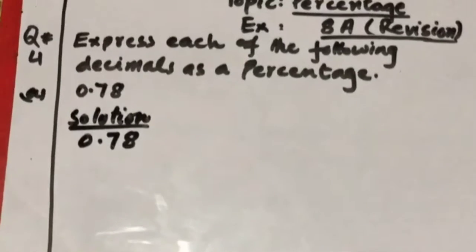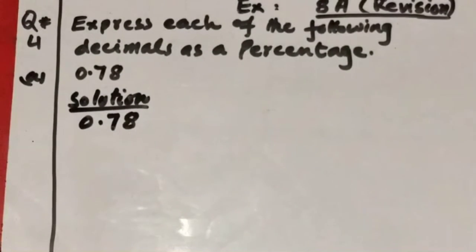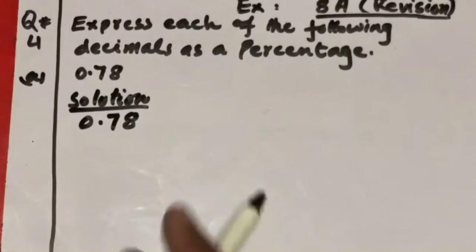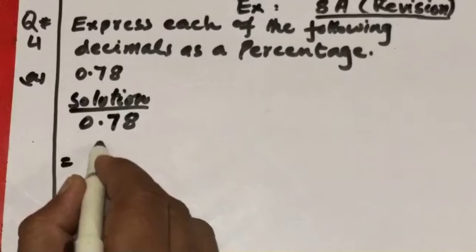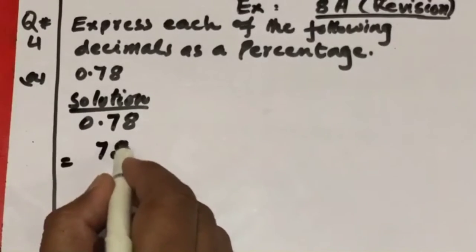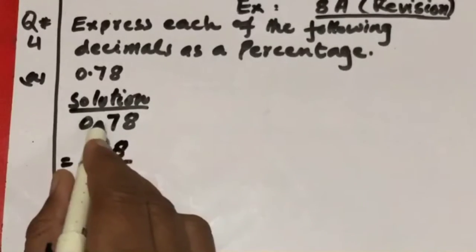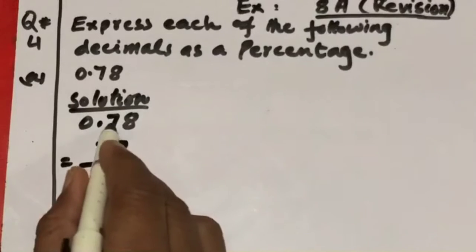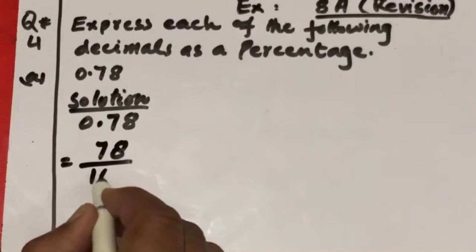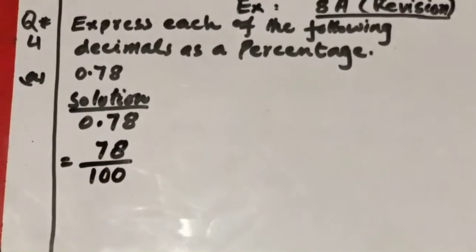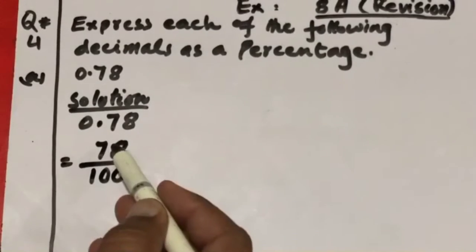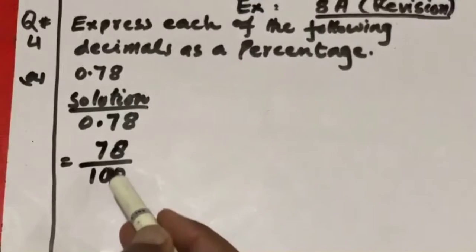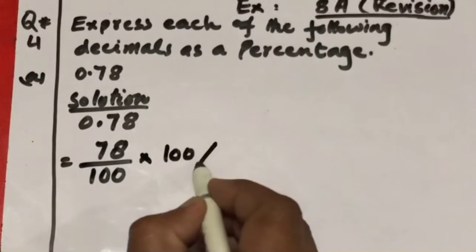As we have learned, if we want to convert any number into percentage, we will multiply it by 100%. So first of all, we will convert the decimal number into fractional form. So it becomes 78 over 100, since the point is replaced by 1, and after the point there are two digits, so we place two zeros in the denominator with 1. So 0.78 can be written as 78/100 × 100%.